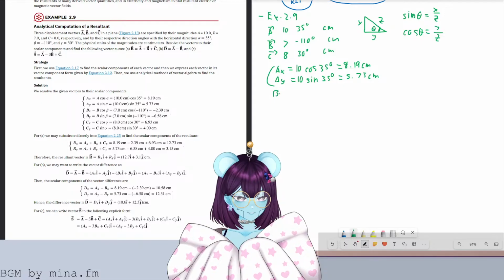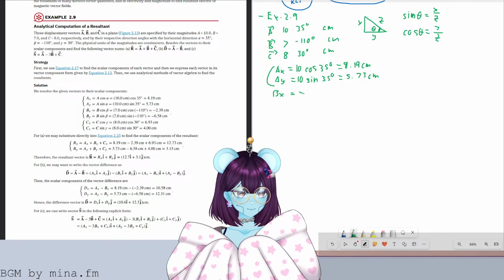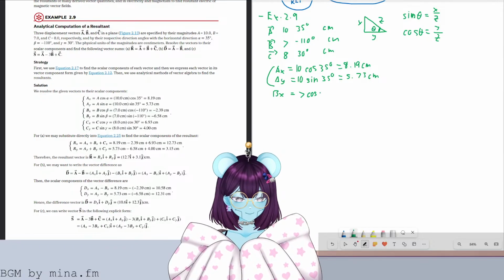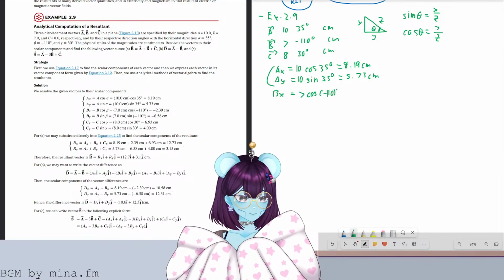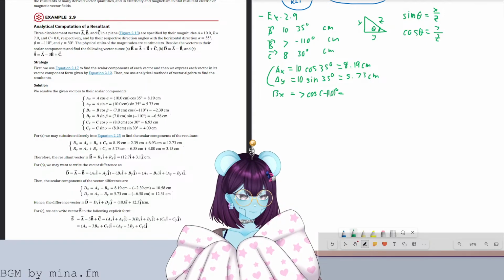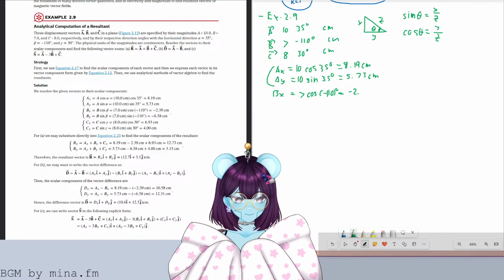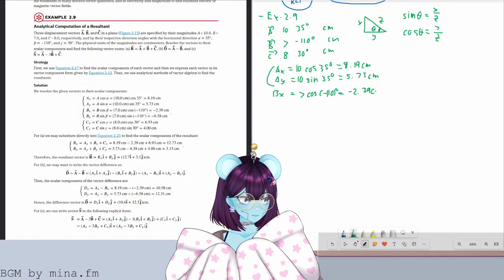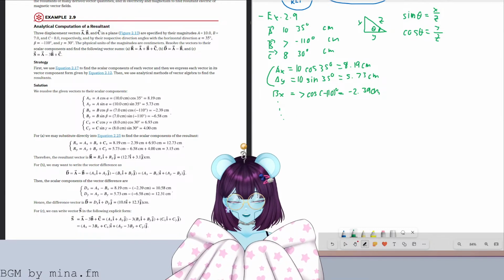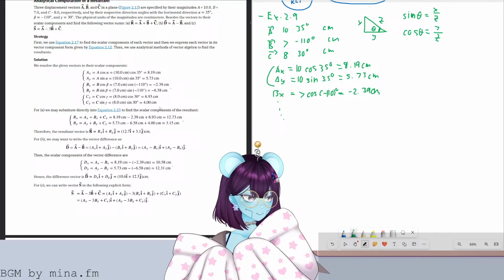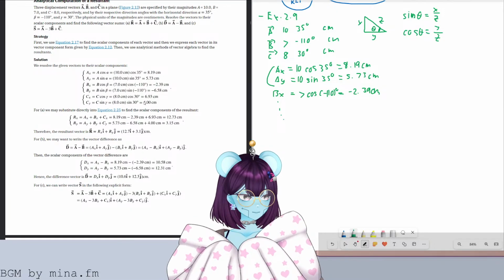So we got Bx, 7 cosine of -110 degrees. Then they got -2.39 centimeters. And then you just do it for the rest, so you get all of these as your answer.